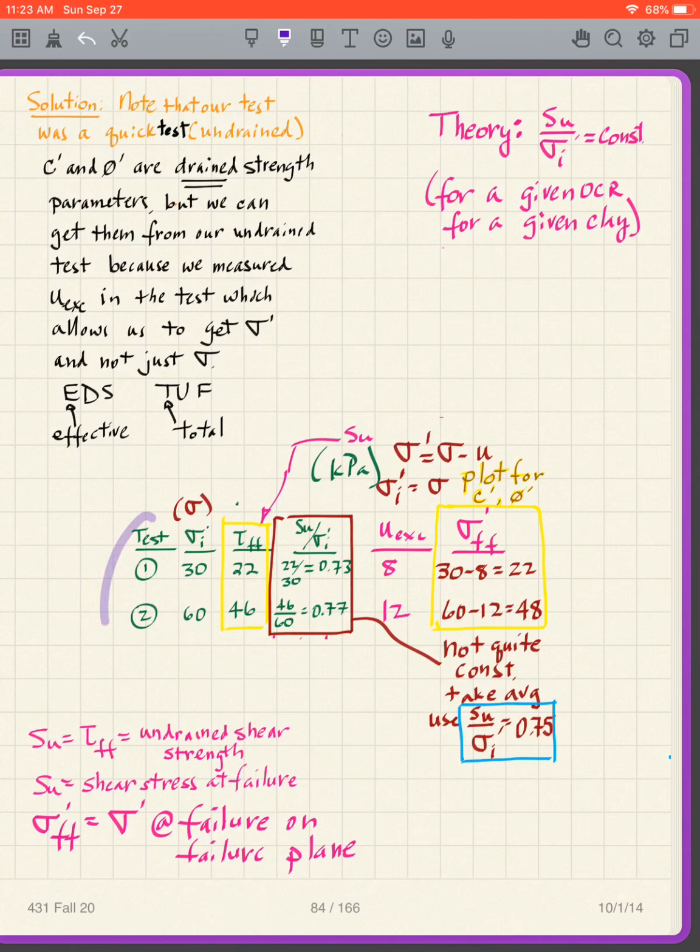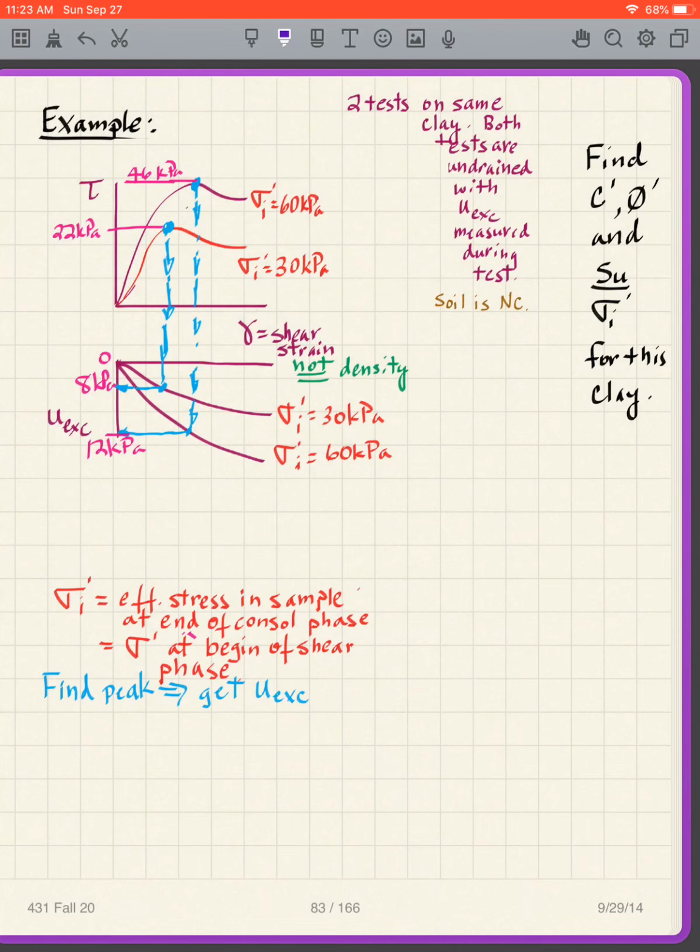We have our two tests, test 1 and test 2. We had one that had a sigma prime i of 30, the other 60. And remember the numbers, when we had 30, 22 for the tau ff, and we had the 60 and 46. So in other words, I had 30, 22, 60, 46, and I put those onto the table.